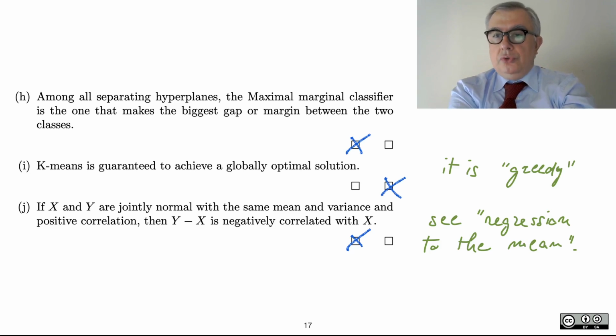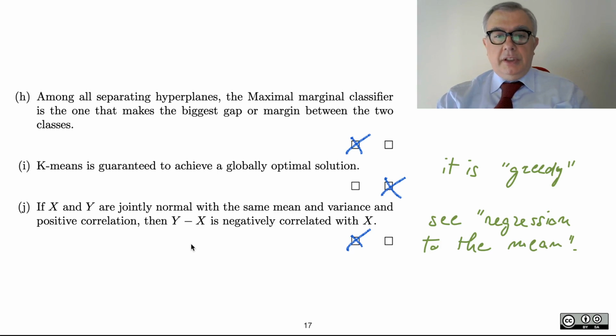Of course, you can choose the best one if you are running the algorithm more times in order to have a good confidence that you are finding the optimal solution. But if you run it just once, there is no guarantee that you will find a globally optimal solution.